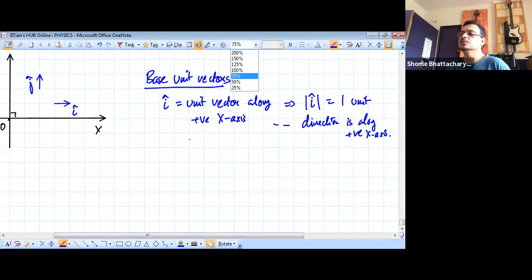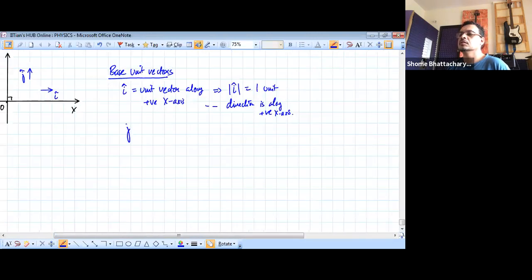as a vector of magnitude unity. It's a unit vector, but this time it is along the positive y-axis.